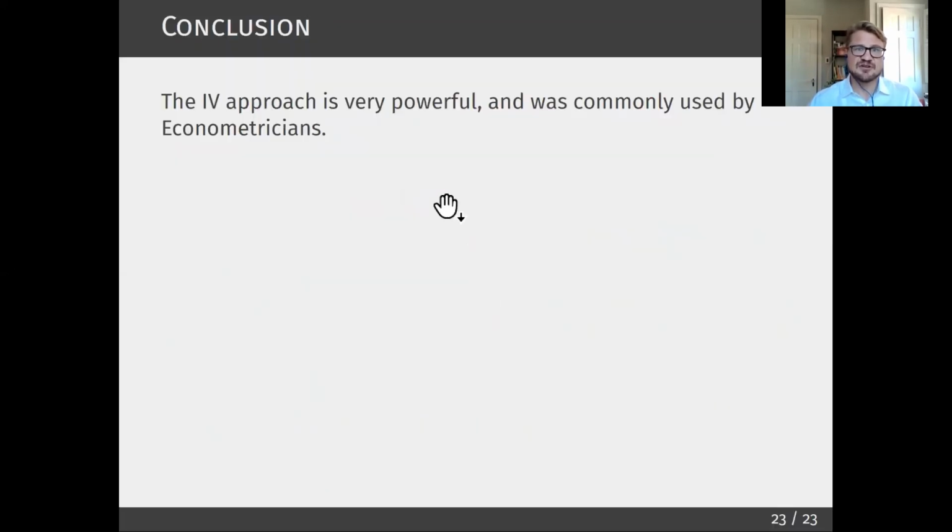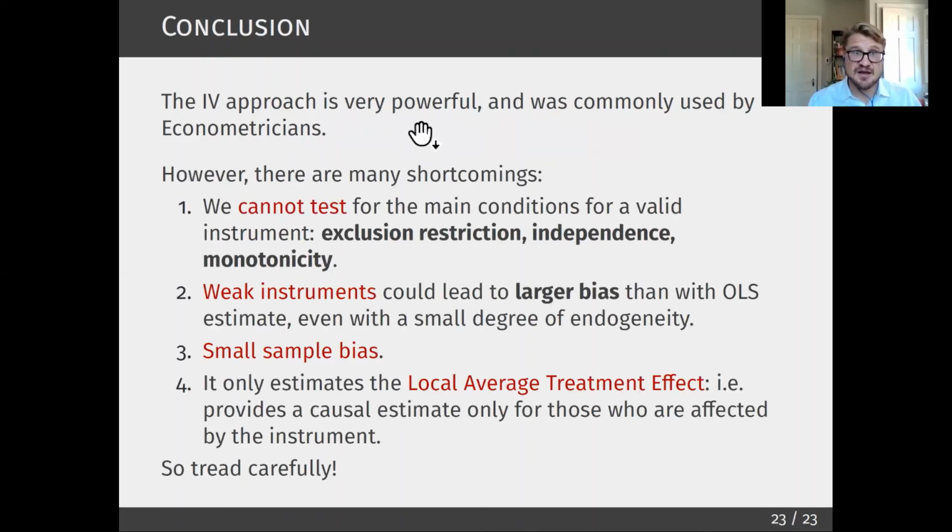Right, so just to conclude, the instrumental variable approach is incredibly powerful, an incredibly smart design. It was, especially in the past, commonly used by econometricians. There are unfortunately a lot of shortcomings and risks, so proceed with caution. And it has sort of fallen out of favor unless it's used in very specific cases, especially when combined with randomized controlled trials.